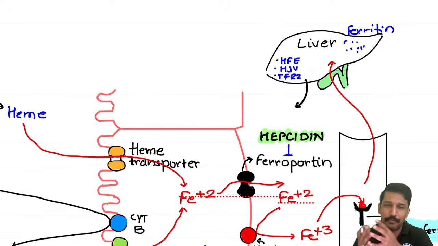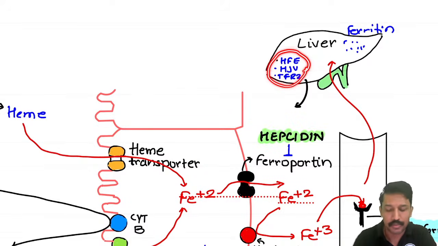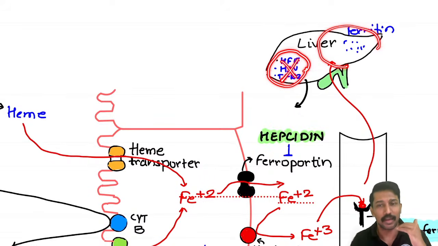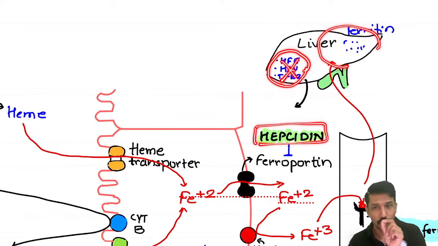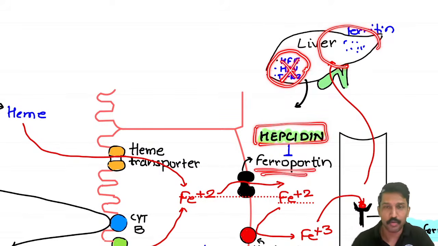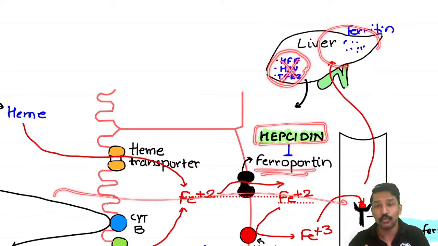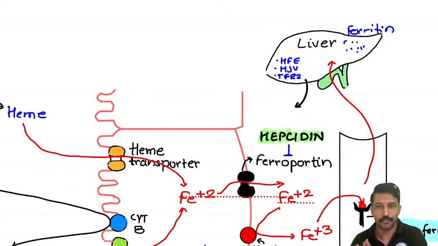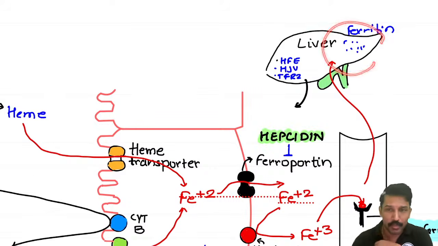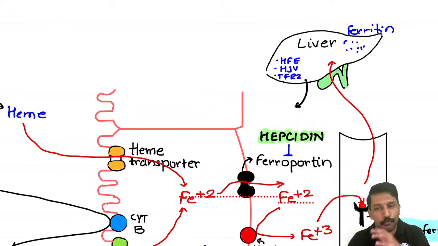Now imagine if I have mutations in these genes, then the liver may not be able to sense that the iron stores are getting supersaturated, and there is probably an increase in the liver iron store more than we need. And if there is such a condition, I may not be able to release the hepcidin. If I do not release hepcidin, then ferroportin won't be blocked. So in that case, we continue to absorb iron even when the liver and body stores of iron are sufficiently full.